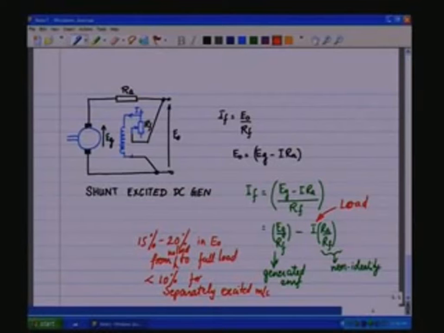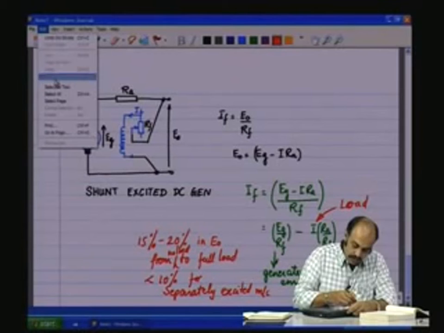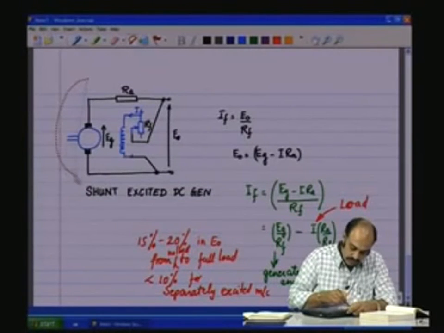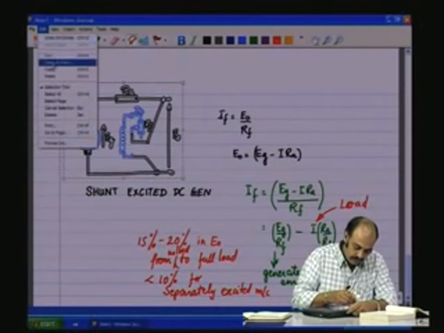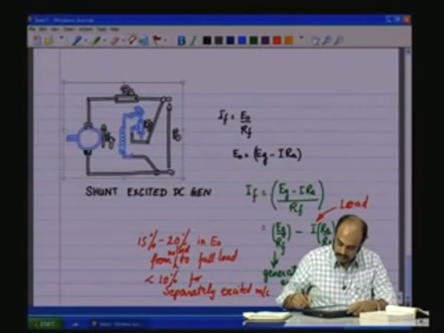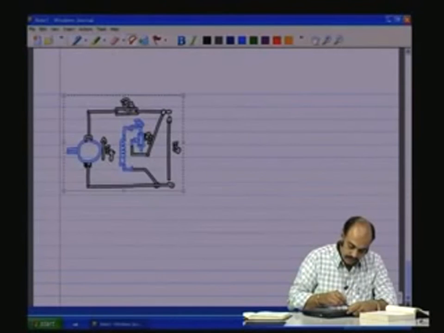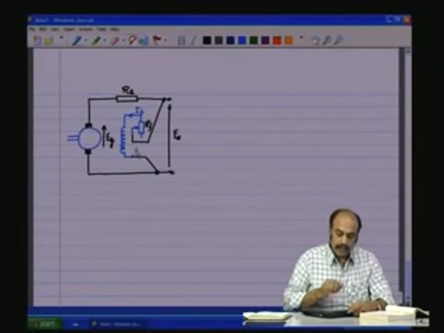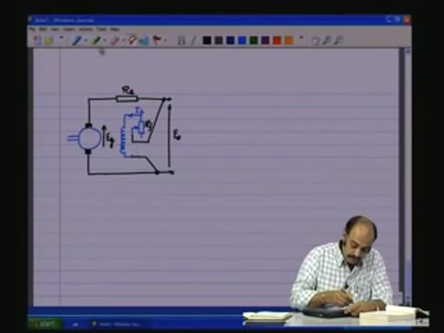Now, to take care of this, we use the compound excitation. So, now let us paste this. So, we use the compound excitation to take care of the load fluctuations due to the shunt, the self excited.